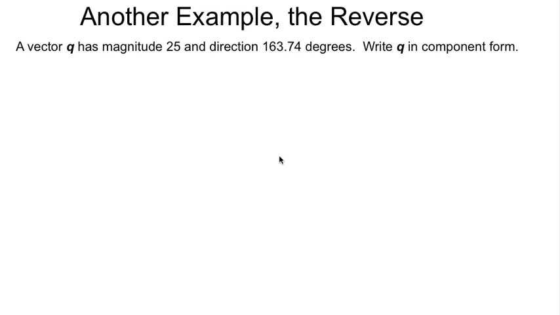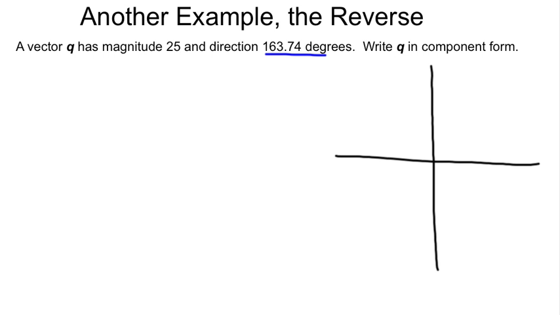So what I'll do then is I'll go ahead and draw a little picture here so we know what we're talking about. We know that our vector is going in the direction 163.74 degrees. Okay, well that means that if that's 0 and that's 90 and over here is 180, we're somewhere over here-ish.